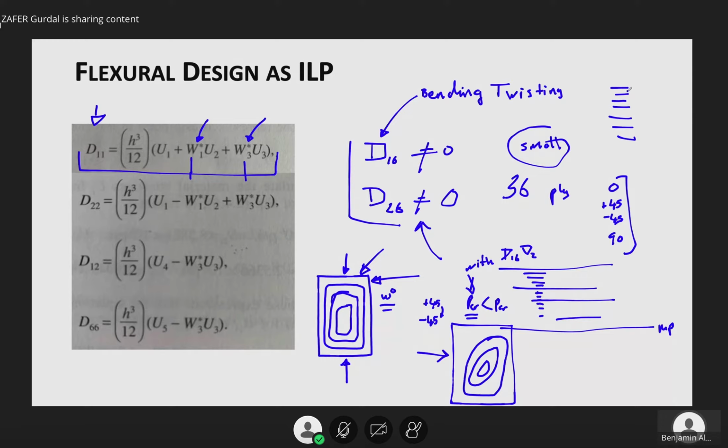Basically, for each ply, there will be an identity variable for a ply, which they will define it either to be 0, 45, or minus 45, or a 90. So each of these plies can take any of these orientation angles, but a single ply will not be able to take the orientation of all the angles, only one. So it's a 0-1 problem, and if one of them is 1, the others have to be 0.